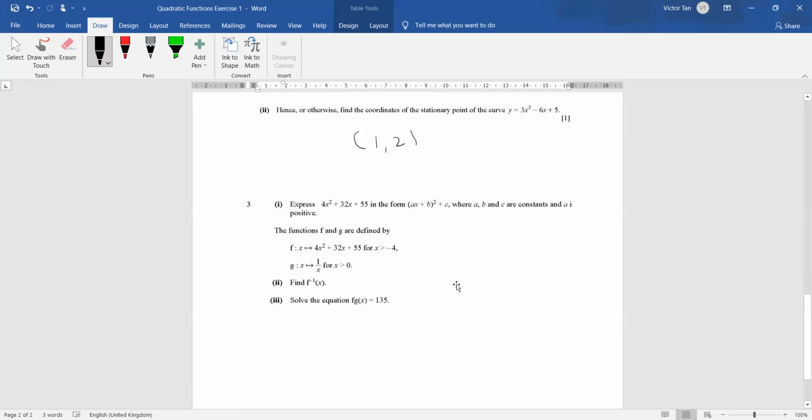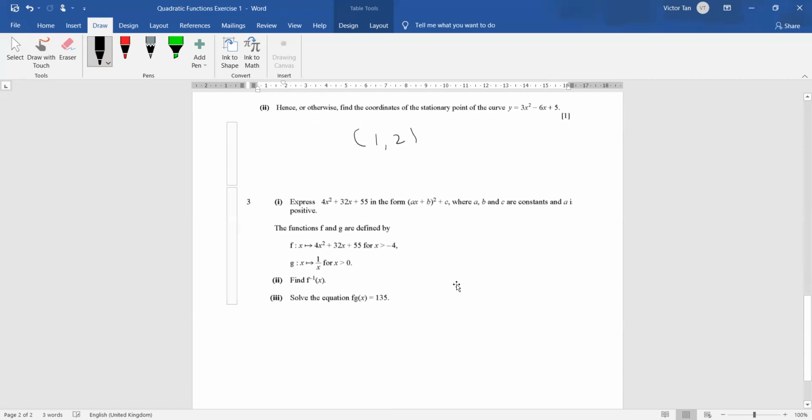Express 4x squared plus 32x plus 55 in the form (ax plus b) squared plus c. Okay, this is completing the square in a different way. So what I'm going to do is, instead of factorizing out that 4, 2x squared is 4x squared.